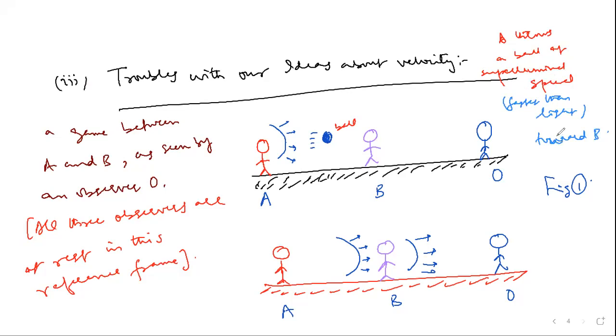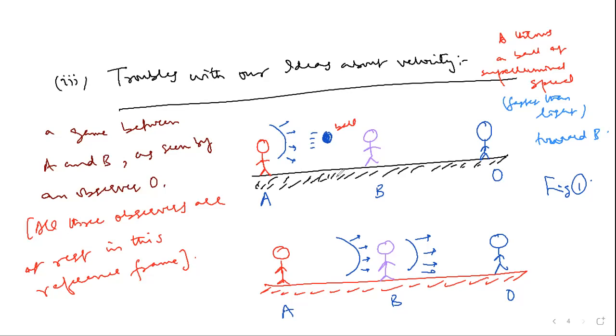So game is A is throwing a ball at a speed faster than that of light towards B. Right? And B catches it. B is catching the ball.